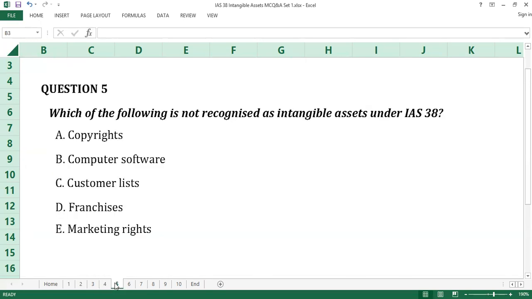Question number 5. Which of the following is not recognized as intangible assets under IAS 38? A. Copyrights. B. Computer software. C. Customer lists. D. Franchises. E. Marketing rights. Time counts.